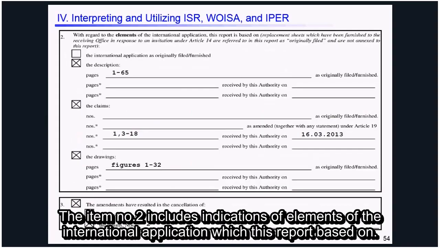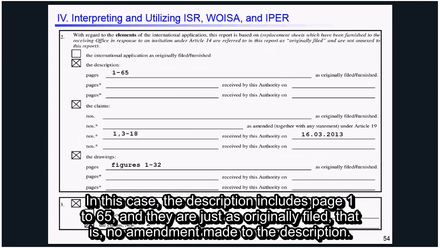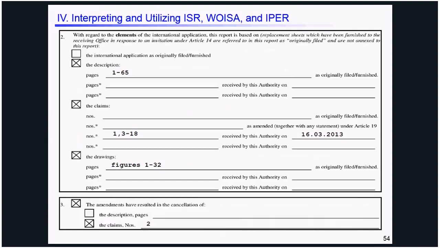The item number 2 includes indications of elements of the international application which this report is based on. In this case, the description includes page 1 to 65, and they are just as originally filed. That is, no amendment was made to the description.